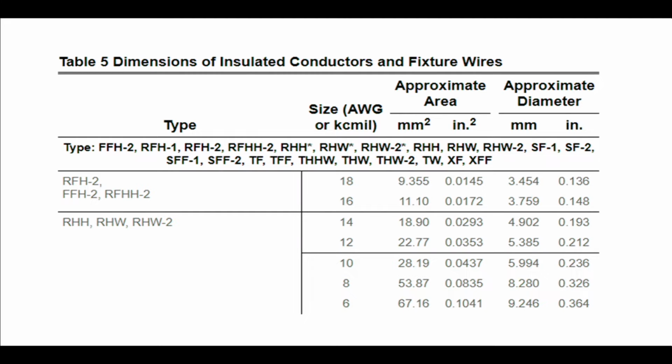So those numbers have been calculated for us, and we're going to hang out in that approximate area in square inches. For that 18 gauge RFH-2, that is going to be 0.0145 square inches of area that it occupies, right? Whereas a number 10 RHH is going to be 0.0437.